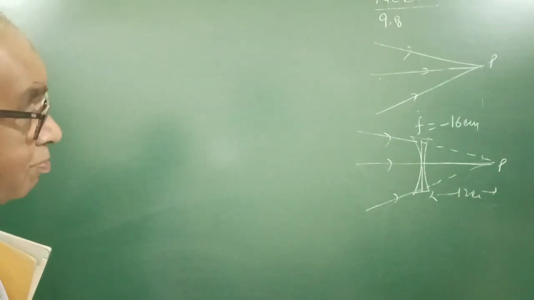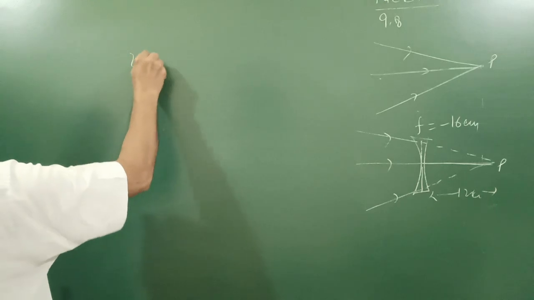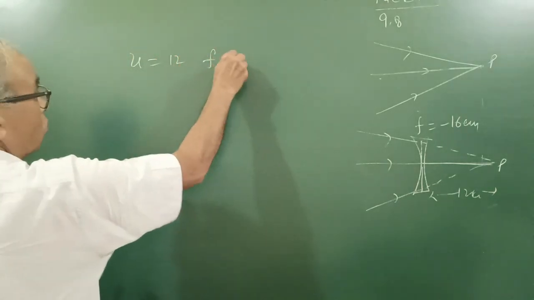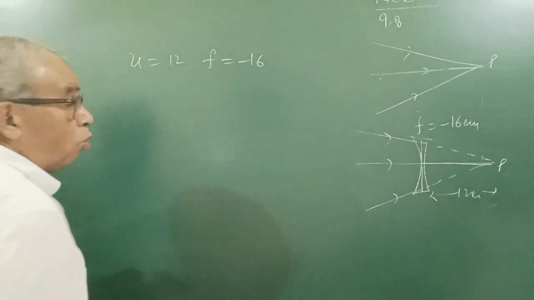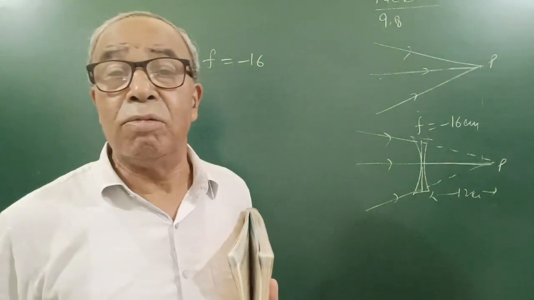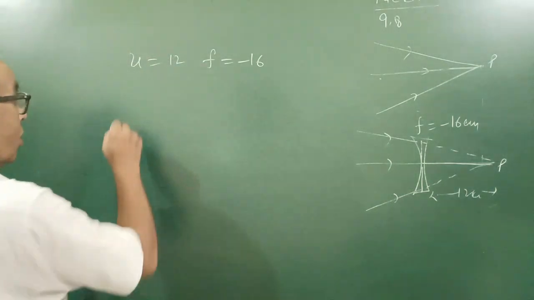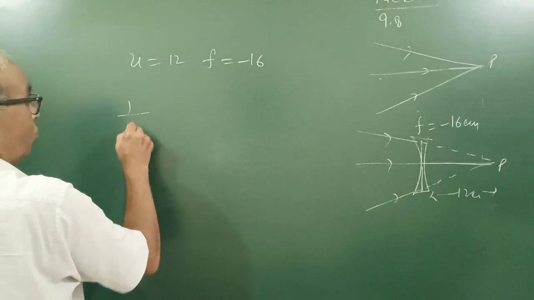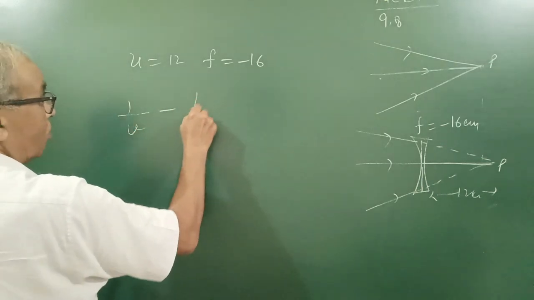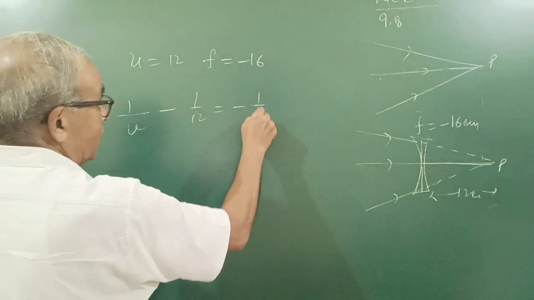So using u equal to plus 12, f equal to minus 16, focal length of a concave lens being negative: 1 upon v minus 1 upon 12 equals minus 1 by 16.